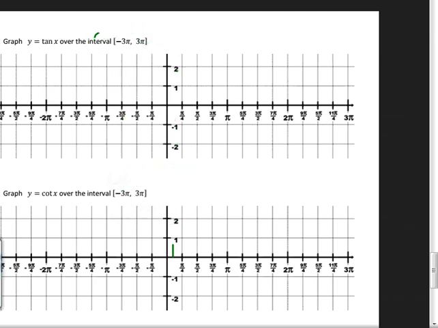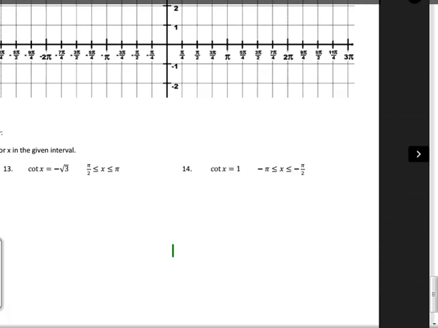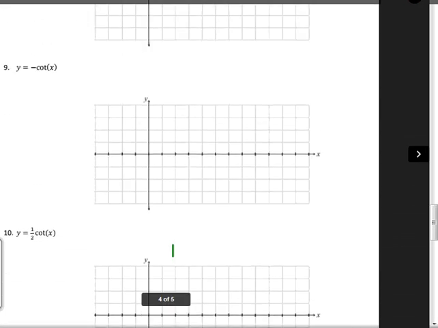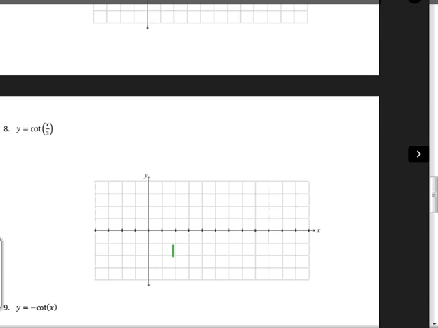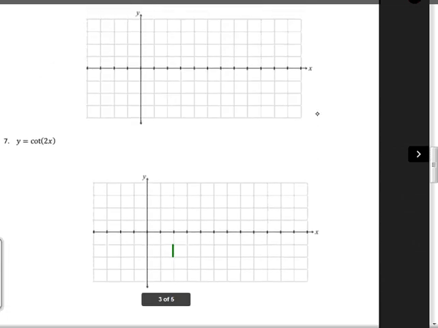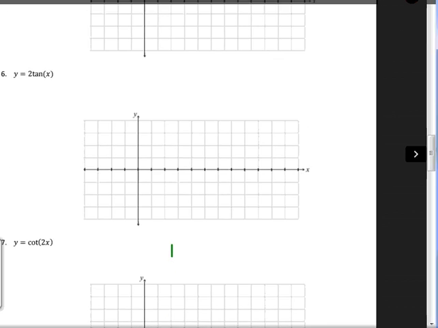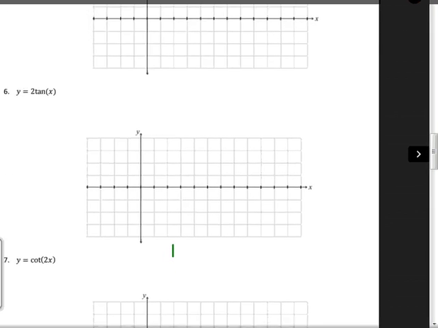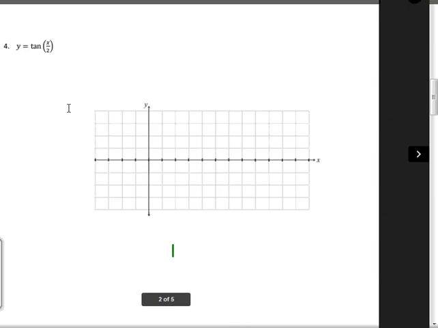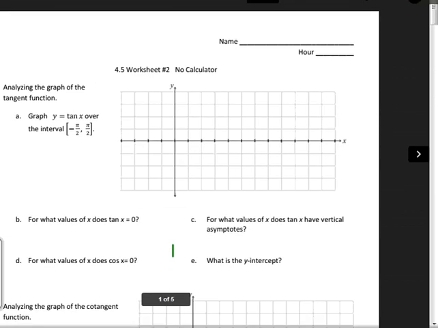I mean, you need to know how to do that, so can't really skip those. I never skip review problems, so we'll skip 10 and I'll skip something else. Let's skip 7. 7 and 10. Okay. I don't think this should be too bad.